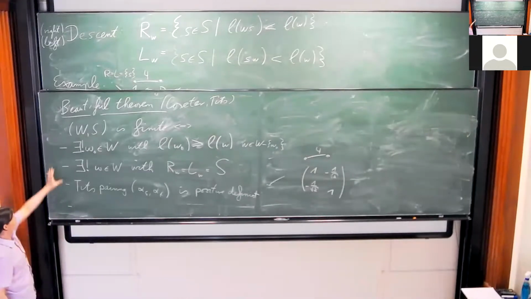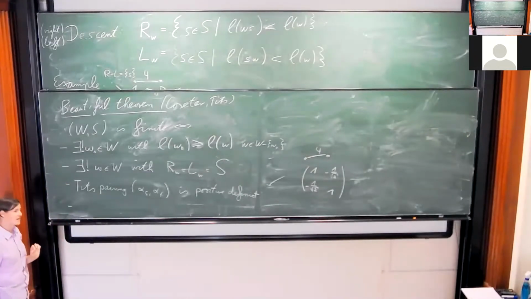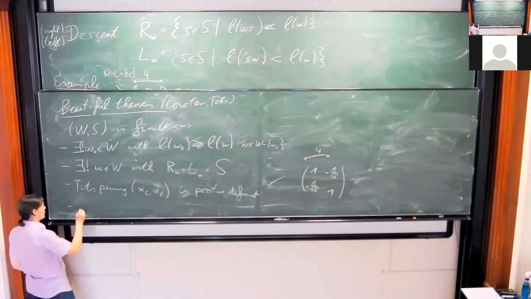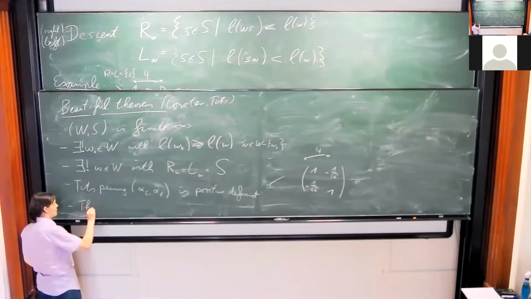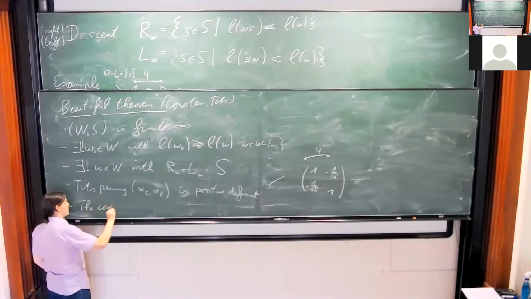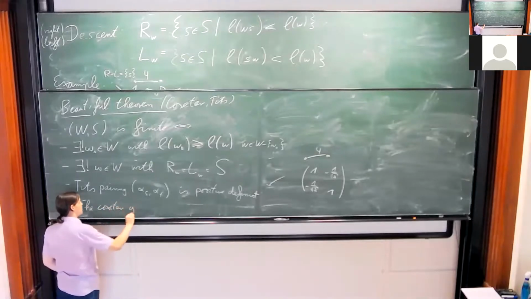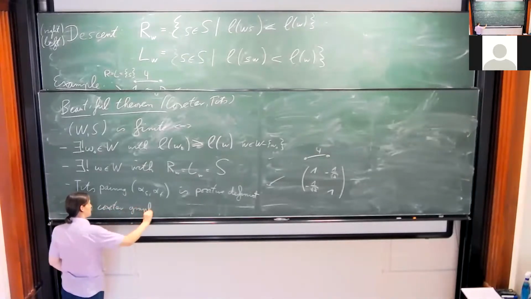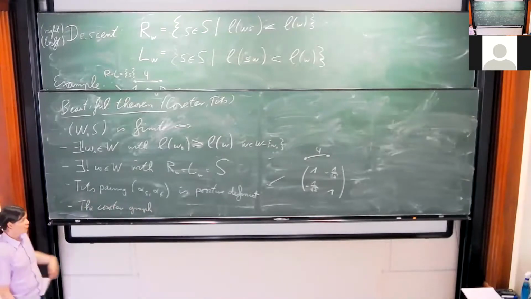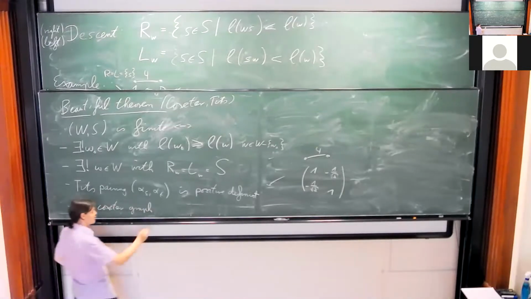So this is combinatorics, this is linear algebra, and then there's a really nice one. The Coxeter graph has a certain shape, and I will write down the shapes in a second.